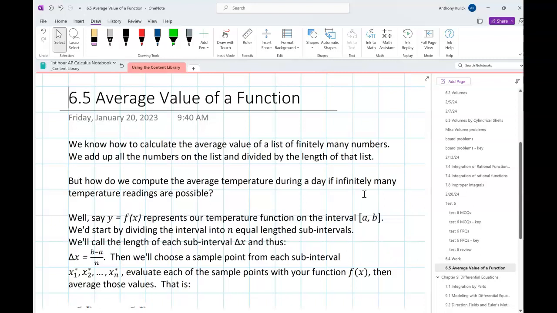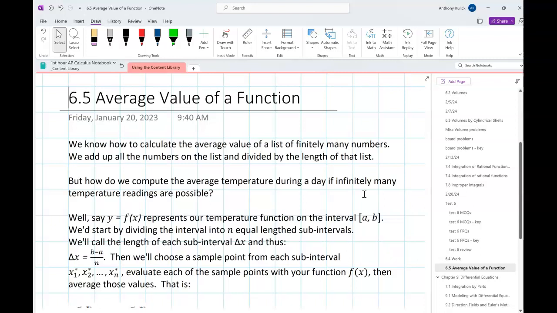So let's say y equals f of x is a continuous function like our temperature function, defined on the interval from a to b. So like a is this morning at 12 a.m. and b is 11:59 p.m. or something, right? Like the day.